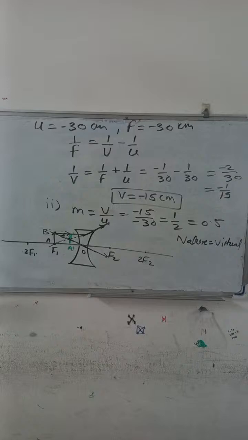A concave lens of focal length 60 centimeter is used to form an image of an object of length 9 centimeter, kept at a distance of 30 centimeter from it.